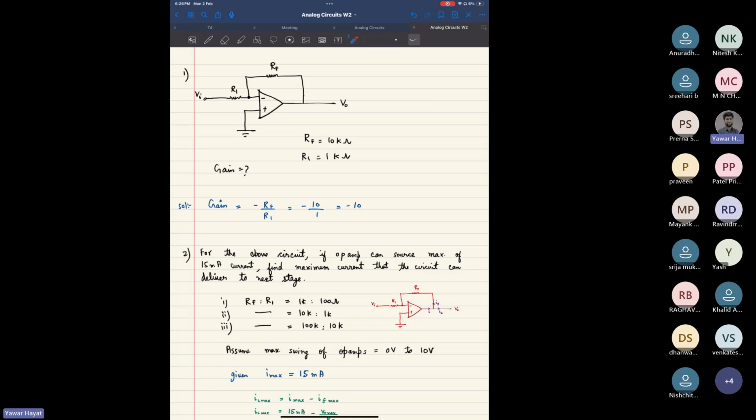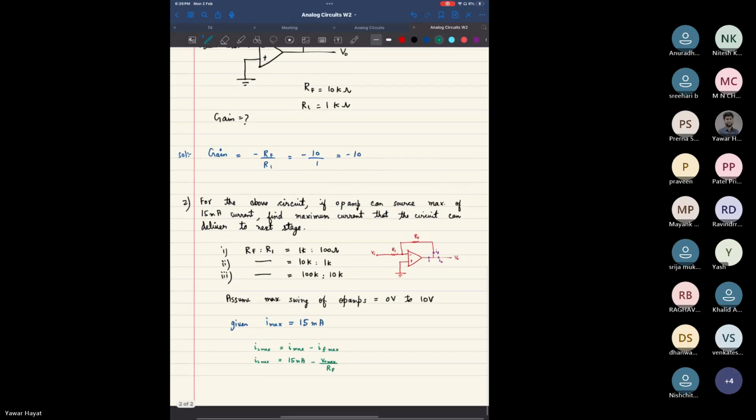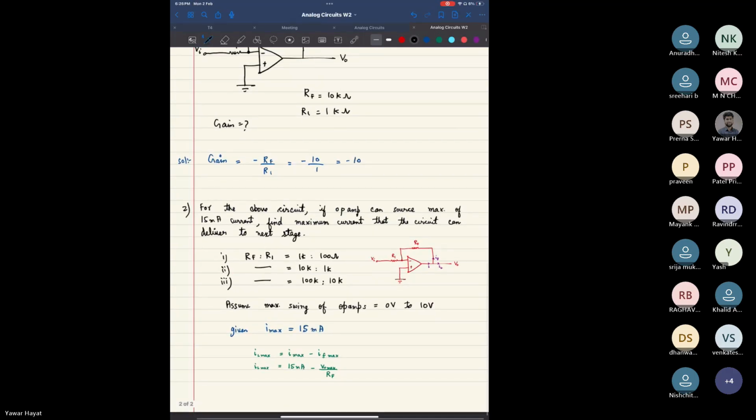For RF equal to 1 kilo ohm, your IL max would be equal to 5 milliamp.